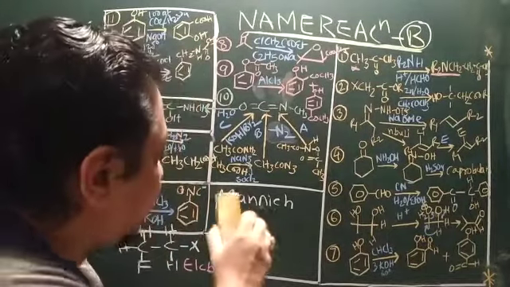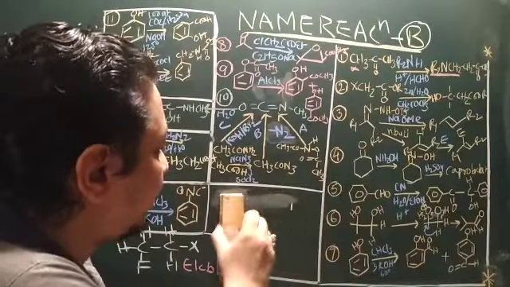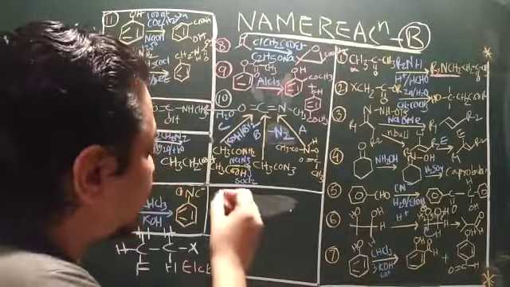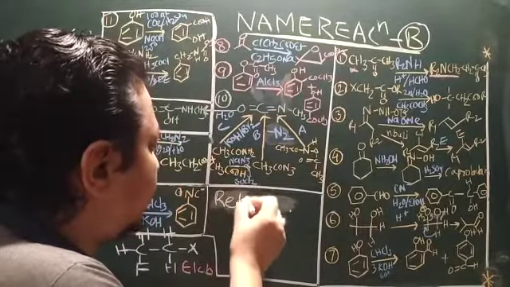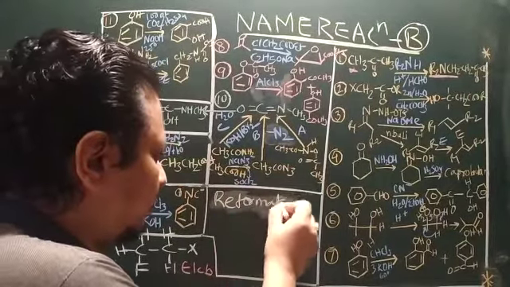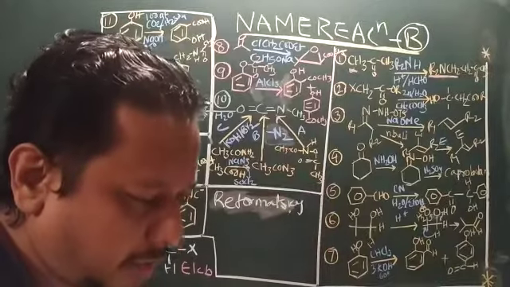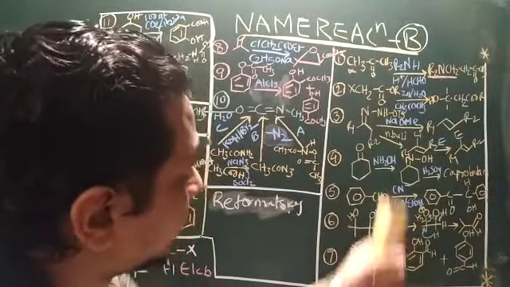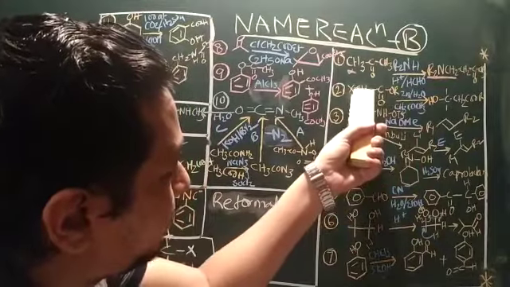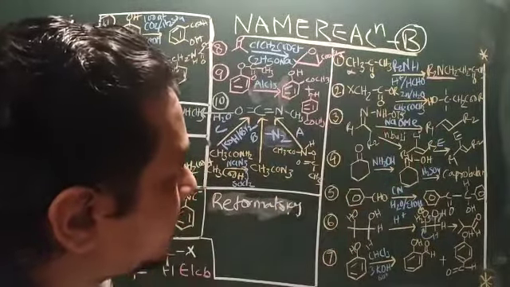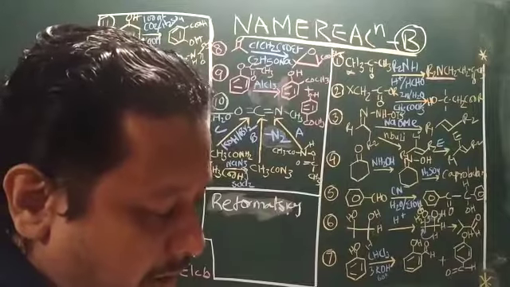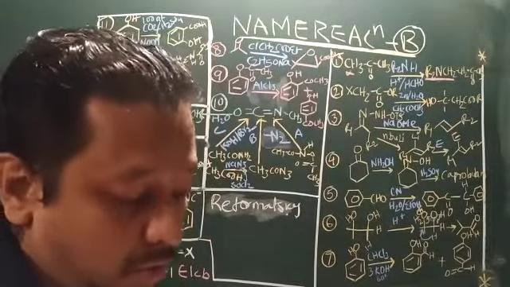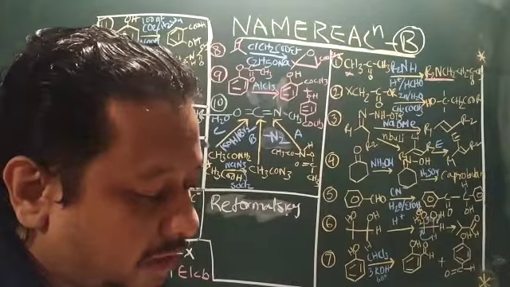Okay, now after the Mannich reaction we have the second reaction, which is also very popular, known as the Reformatsky reaction. It represents the addition of zinc enolate. If you see, zinc comes between X and CH2, so it becomes a zinc enolate, which adds to an aldehyde or ketone to form a beta hydroxy ester.